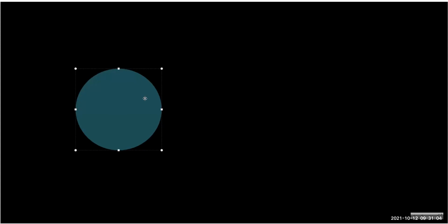So you're looking at an equatorial view of the Earth, which means this is a pole. Okay, now we have a satellite.